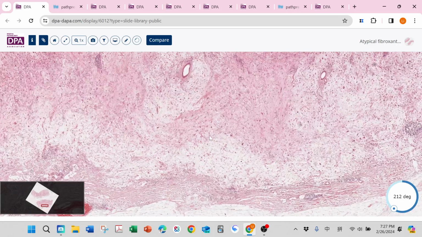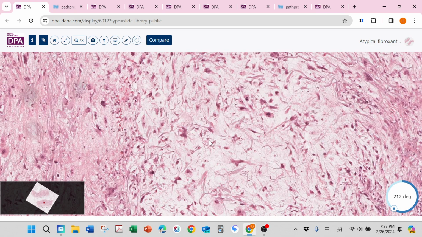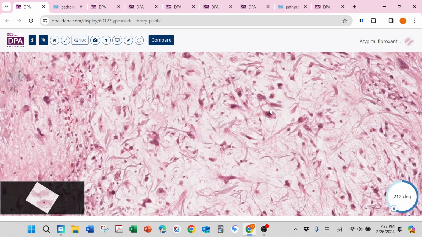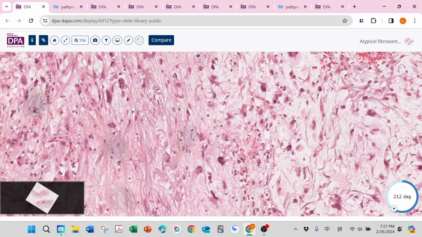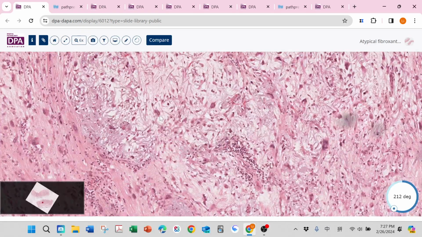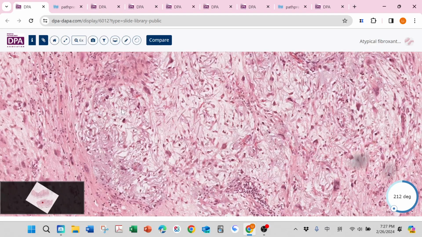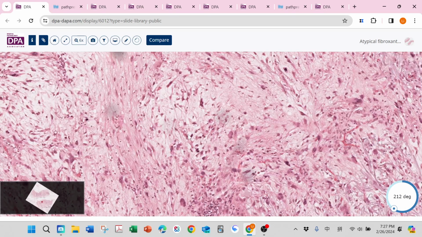This one is a little bit different because at high power it looks hypocellular, but the cells are really atypical, pleomorphic, and hyperchromatic. So it still falls into the atypical fibroxanthoma entity. This slide shows that this lesion can sometimes have hypocellular morphology, but when you look closer, you still see hyperchromatic, atypical, high-grade looking cells.